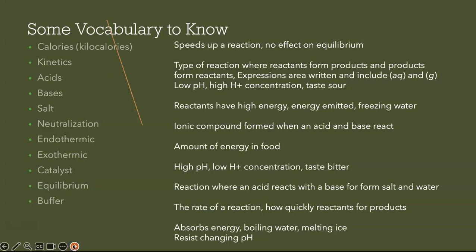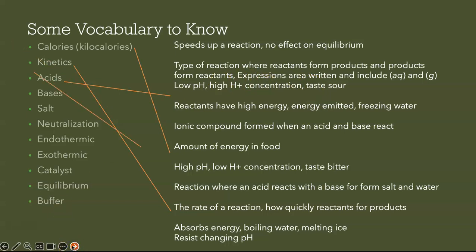All right, so what did you say for calories, or kilocalories in this case? Yes, that is a measure of the energy in food. How about kinetics? It is the study of the rate of reactions, how quickly reactants form products. Acids are chemicals with a low pH, a high hydrogen ion concentration, and they taste sour.